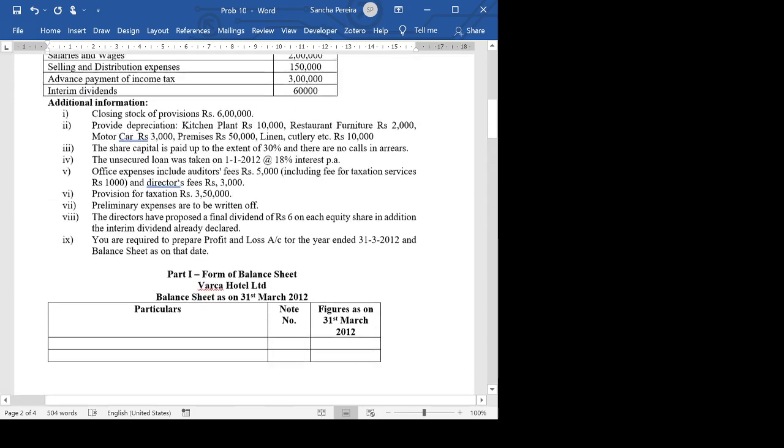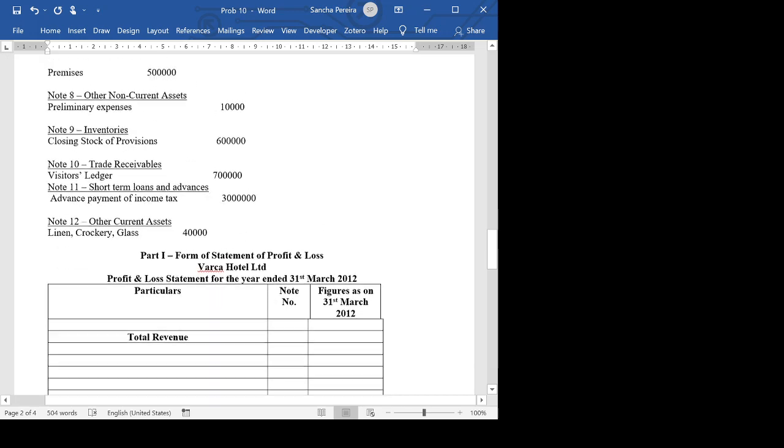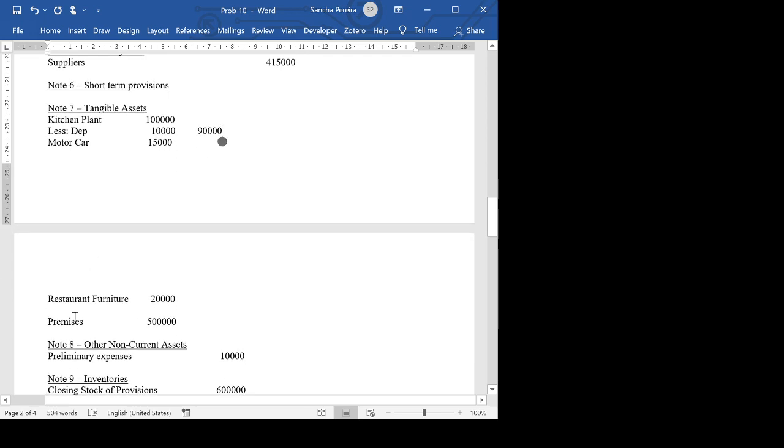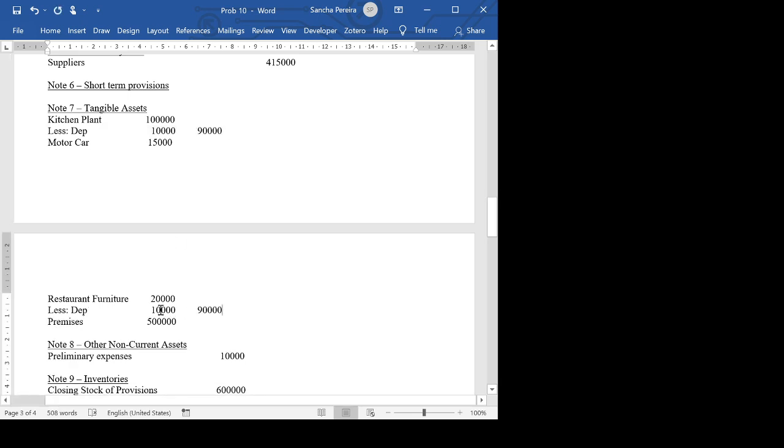Then we have furniture, it's 2,000. So that comes to 19,000.